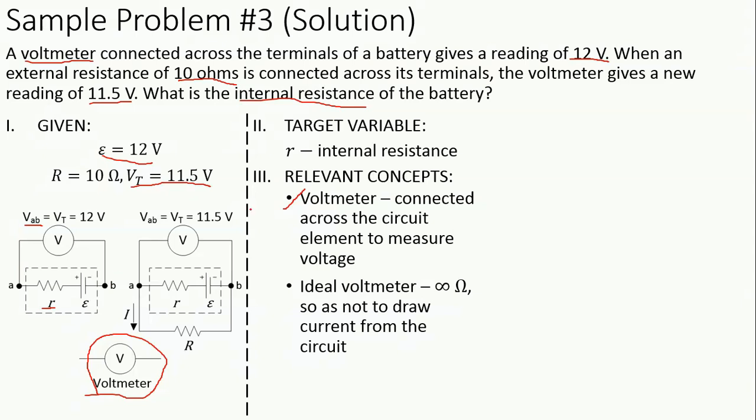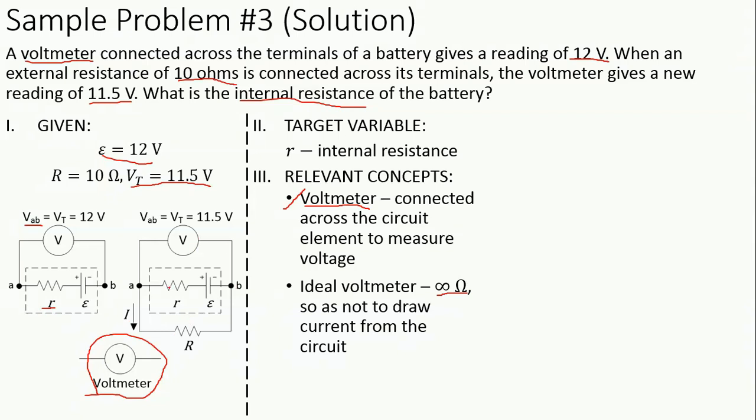Since the purpose of the voltmeter is just to measure the potential difference between 2 points, ideally it must have infinite resistance, because by physically connecting this voltmeter, we don't want the other voltages and currents in other parts of the circuit to be altered.